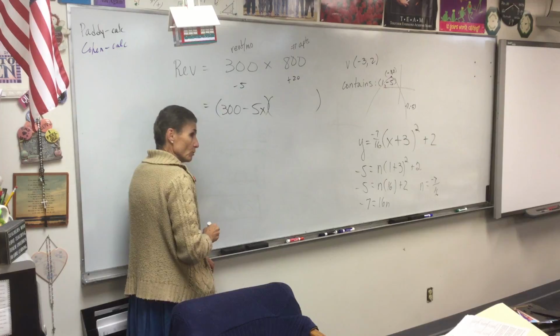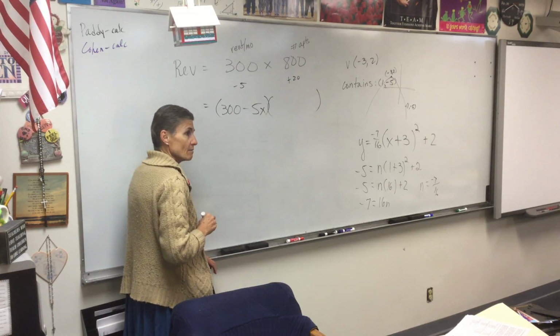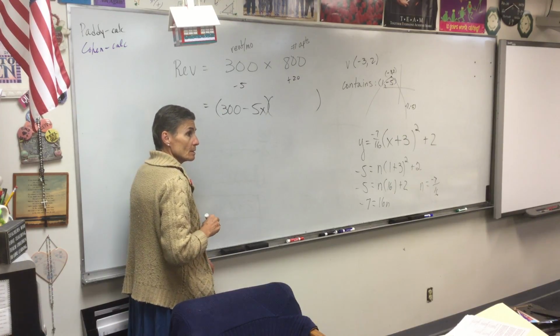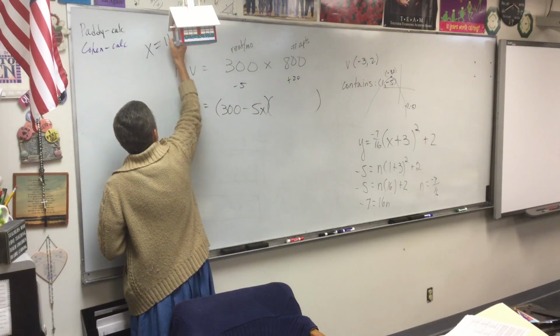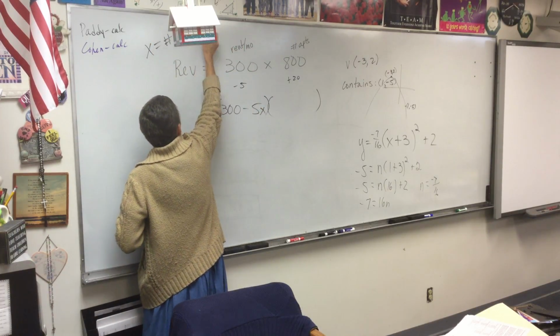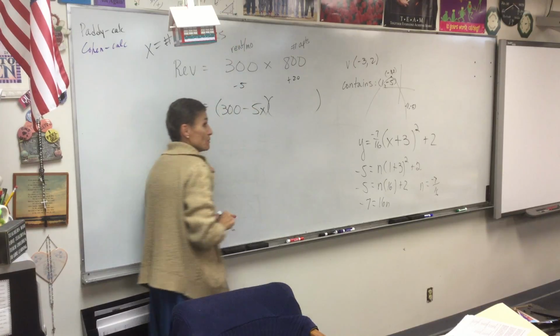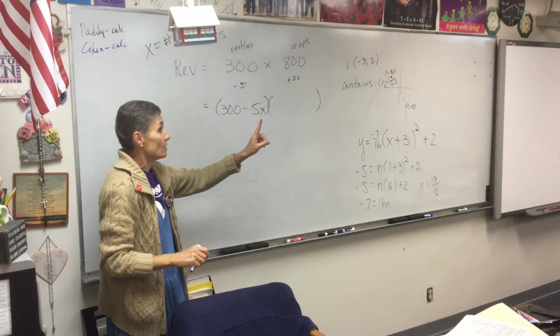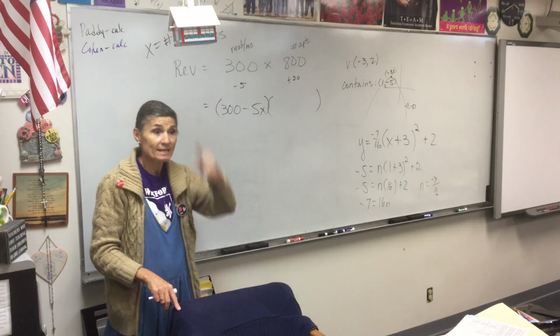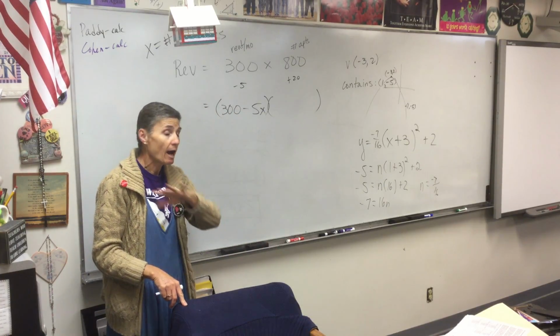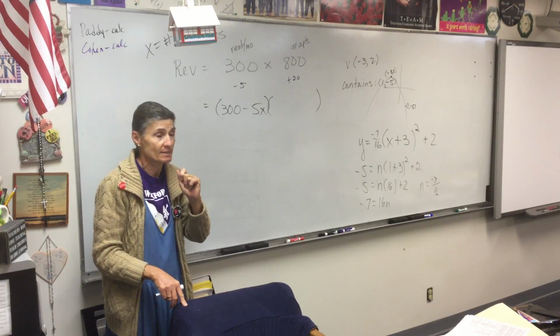Beautiful. And why am I subtracting 5x? X is the number of times that you decrease the price. If you decrease once, your price goes down to $295. If you decrease twice, it goes down to $290. I'm trying to figure out how many times to decrease it.